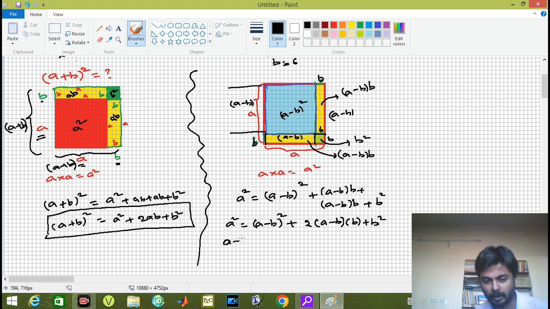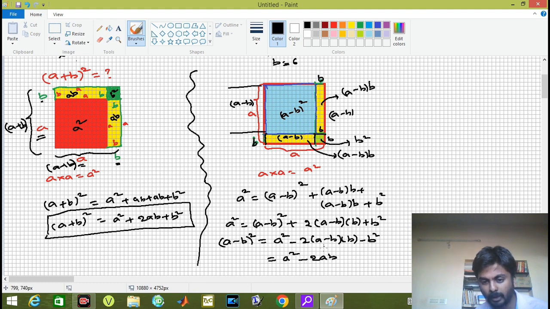We have a square minus 2 into (a minus b) into b minus b square, which gives a square minus 2ab plus 2b square minus b square.